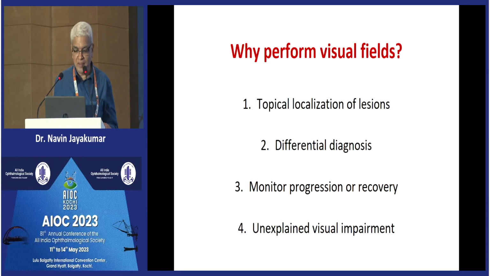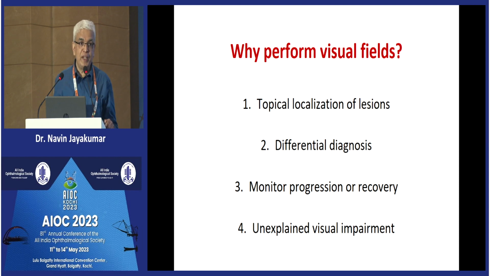There are several reasons why one performs visual fields, one being the most common, which is the topical localization of lesions. The other one is, for example, differential diagnosis. For example, if you had a disc swelling with an altitudinal defect, you would say that's ischemic optic neuropathy. But if you had a central scotoma, you would say probably that's optic neuritis.